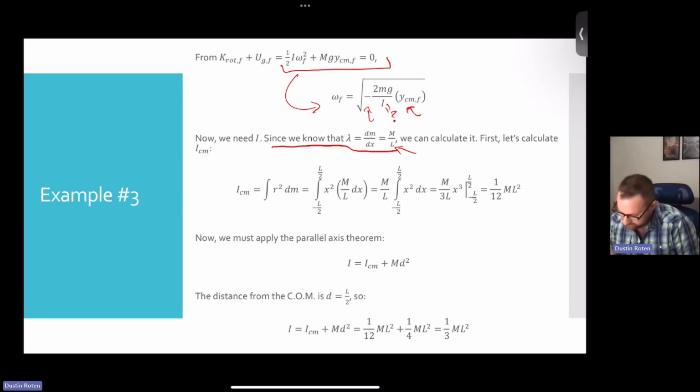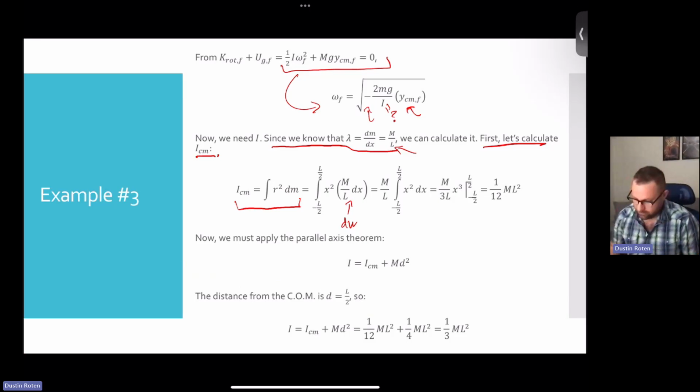Now let's first calculate the moment of inertia about the center of mass, because we need to know that first, and then we can shift it with the parallel axis theorem. So we'll just do this simple calculation. Notice here, I'm going to rewrite dm.